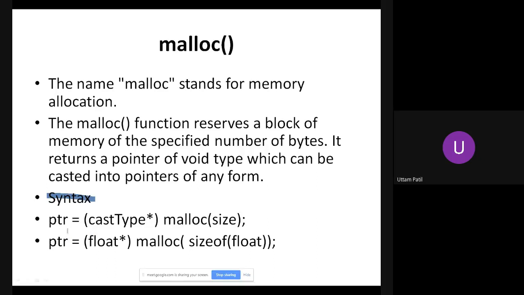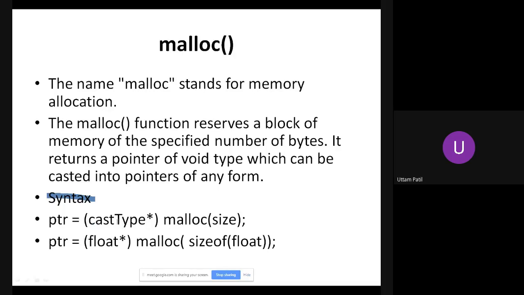So we have pointer, which is a variable which is declared. PTR is a variable and we write that is equal to cast type. So this cast type means it's a data type. Type casting means changing the data type of a variable from one type to the other type. You're changing the data type of the variable.